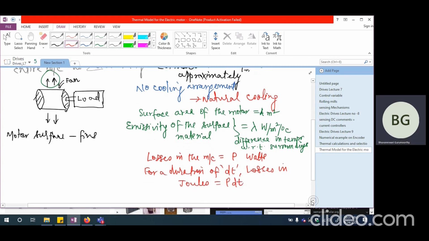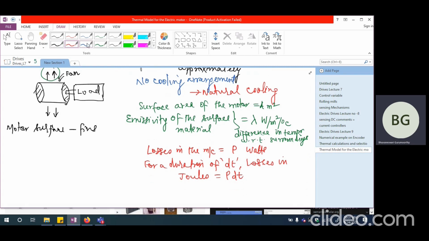Now, whatever are the losses incurred by the machine for the duration of dt, this heat energy is going to do two jobs. One is part of the heat energy is going to be dissipated using this emissivity. So from the surface area, the heat is going to be dissipated.